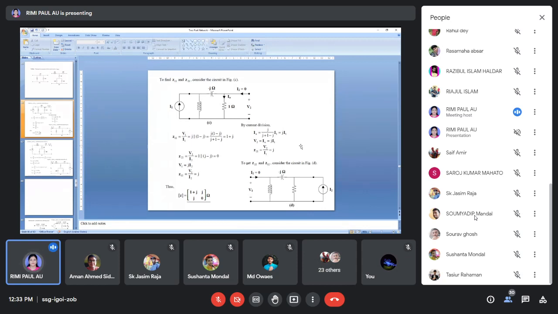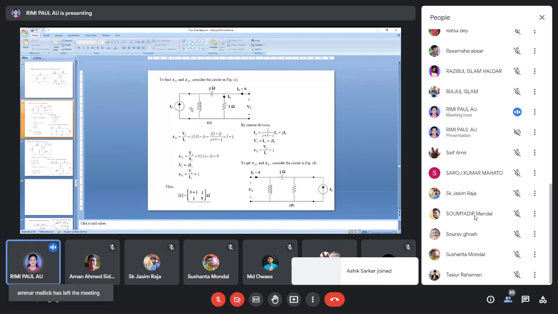This circuit is very easy. Within 8 minutes, you have to solve this type of problem. You can also apply the nodal method here. Those who are efficient in the nodal method can apply it here also. If you supply V1 here, take here VA and VB.